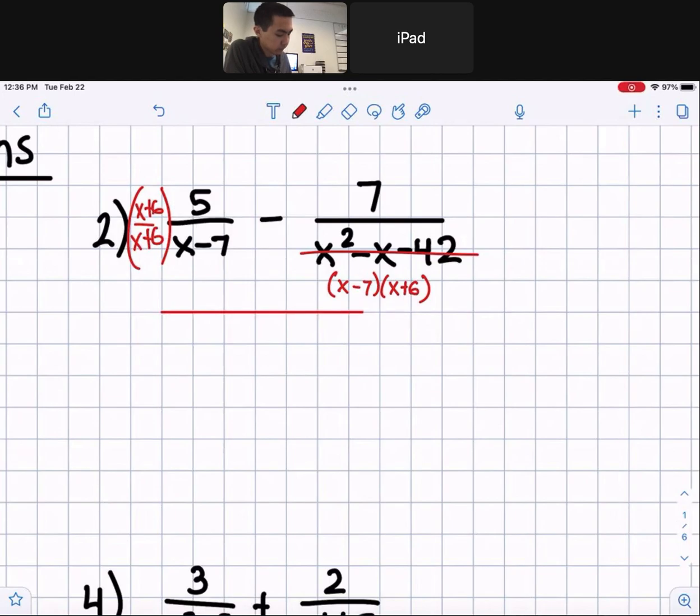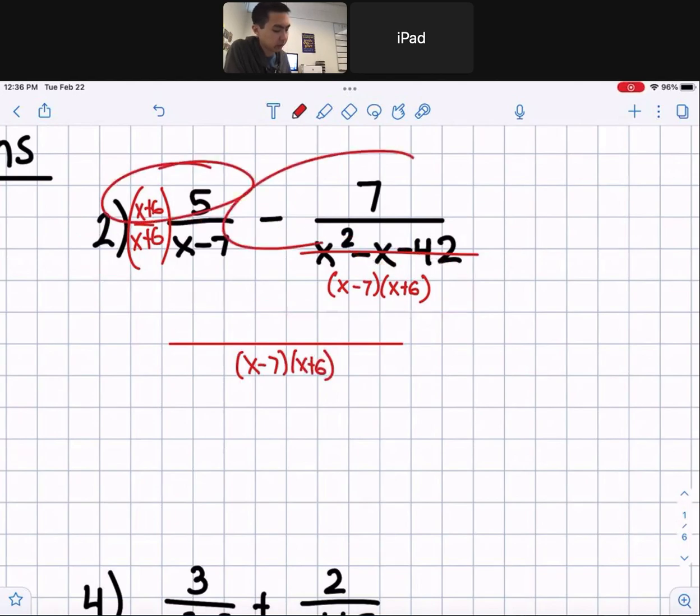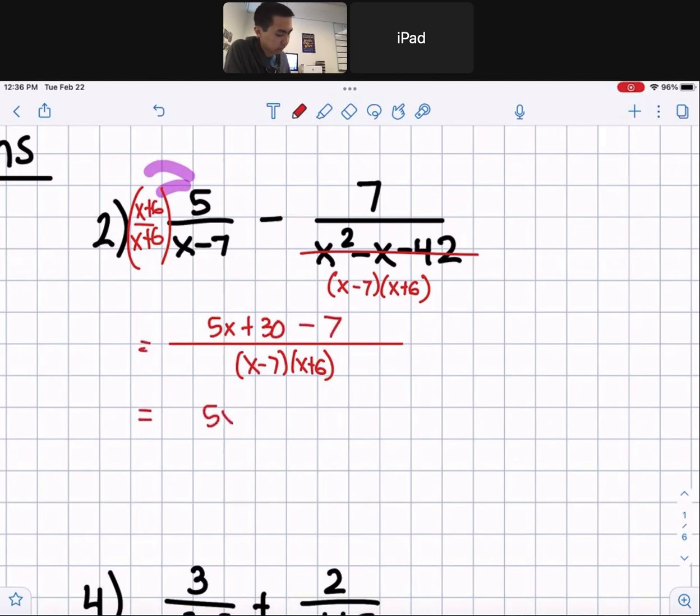So we're going to get x minus 7 times x plus 6 on the bottom, because both of them are the same. Now just simplify the top. Distribute this. So we get 5x plus 30 minus 7, and that simplifies to 5x plus 23. We cannot factor anything, so that will be our final answer.